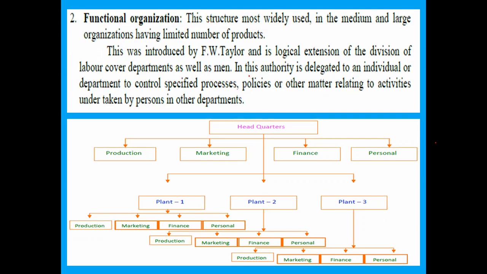So in this, authority is delegated to the individual or a department to control the specified process. Policies are related to the activities undertaken by the process. See the figure once, all of you.